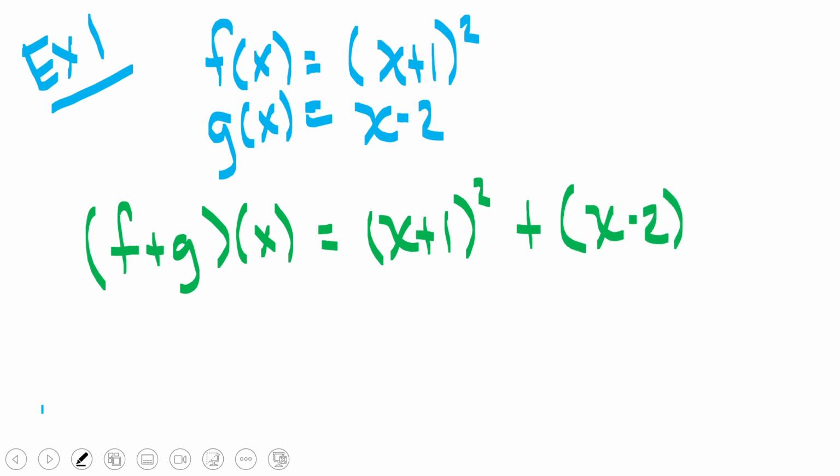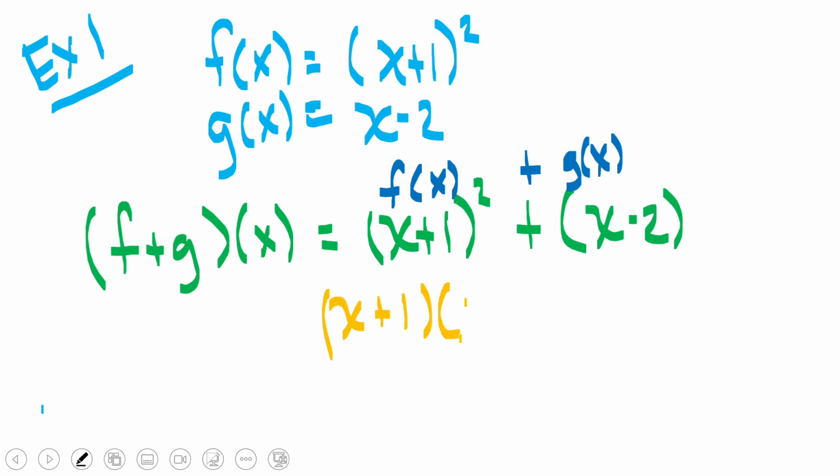Where did this come from? This is f of x added to g of x. If you're asked to evaluate these, then we are actually solving or simplifying. So x plus 1 to the second power outside the parentheses is x plus 1 times x plus 1, all plus x minus 2.